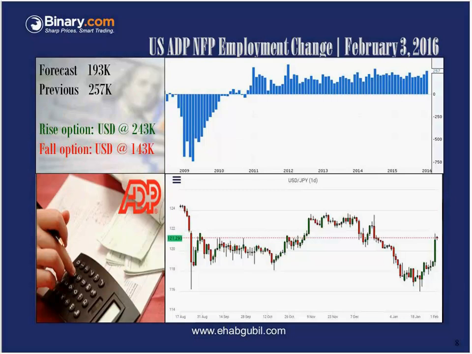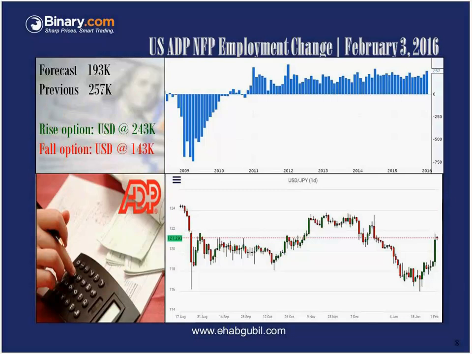Again, the deviation means the difference between the actual release and the expected or forecasted number, which is 193,000. When the actual release comes, we will see if it hits the deviation, a difference of 50,000.